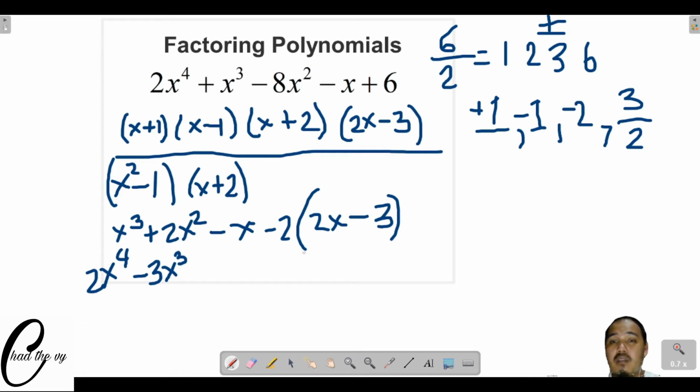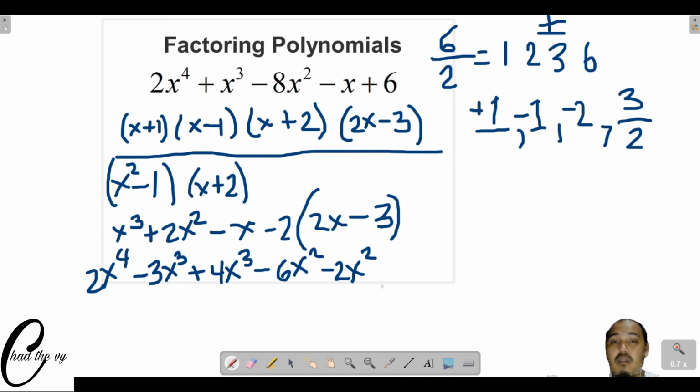And 2x raised to 2 times 2x is positive 4x raised to 3. Then 2x raised to 2 times negative 3 is negative 6x raised to 2. Then negative x times 2x is negative 2x raised to 2.